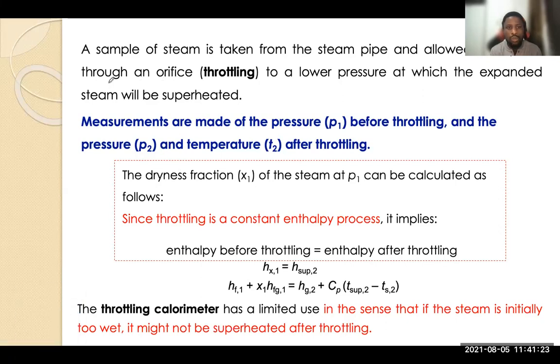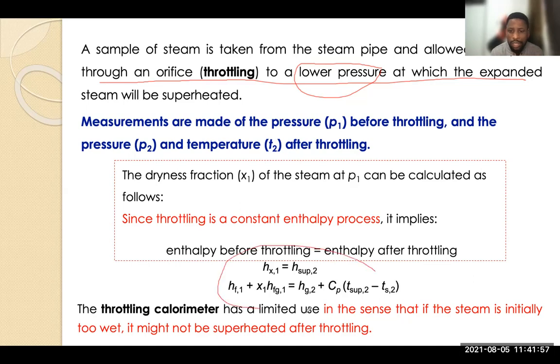It goes through an orifice or a valve. This is the definition of throttling. Remember, it starts from a place of high pressure and then moves to a place of lower pressure. You have an orifice, and as you do that, the steam becomes superheated.